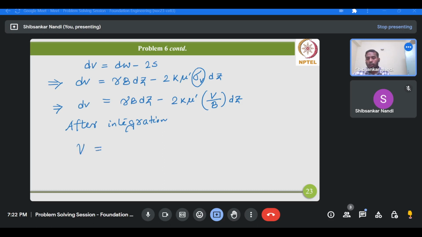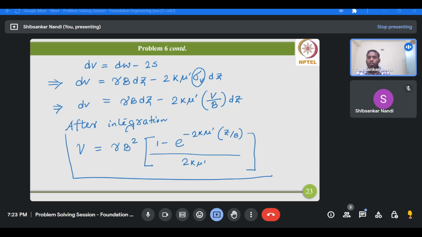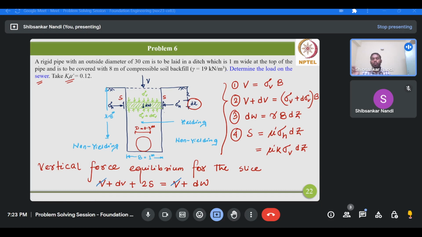So you will get the expression of V as gamma b square times 1 minus e to the power minus 2K mu prime z by b, divided by 2K mu prime. Okay, so this is the distribution of vertical force with z, where z is measured from the ground surface.